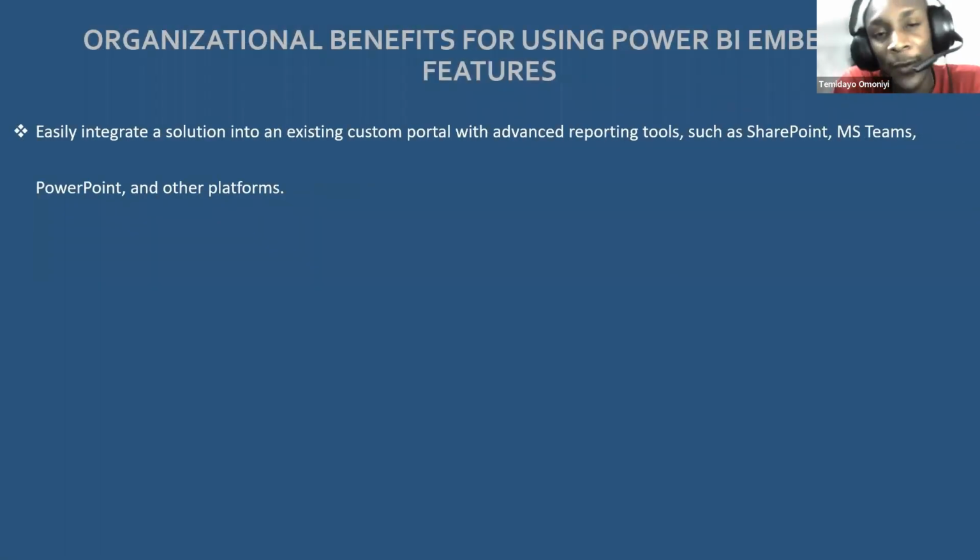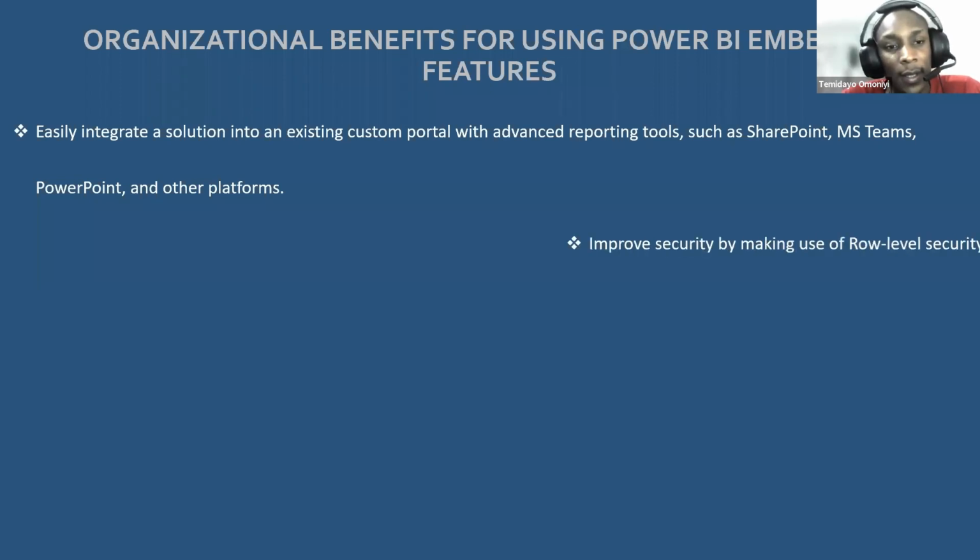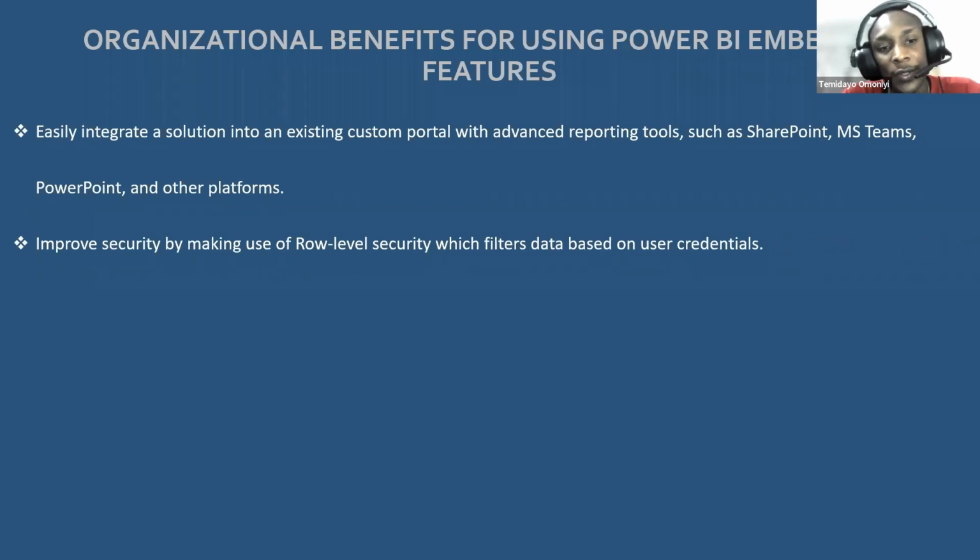So the whole question comes now, what are the organizational embedded features? One of the benefits is you can easily integrate your solution into an existing custom portal, such as SharePoint, Microsoft Teams, PowerPoint. The feature for you to embed Power BI into PowerPoint just came out like 2 months ago, and also other platforms. You can also improve on security.